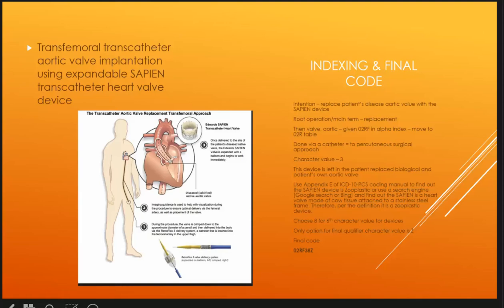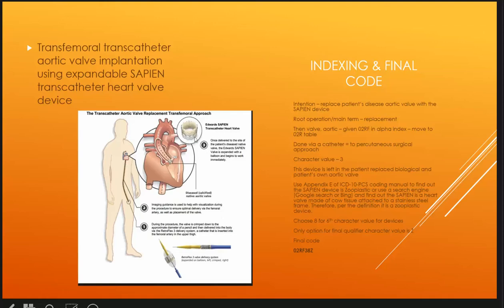The next one, number 9, is a transfemoral transcatheter aortic valve implementation using an expandable SAPIEN, S-A-P-I-E-N, transcatheter heart valve device. This is a picture of that particular device.